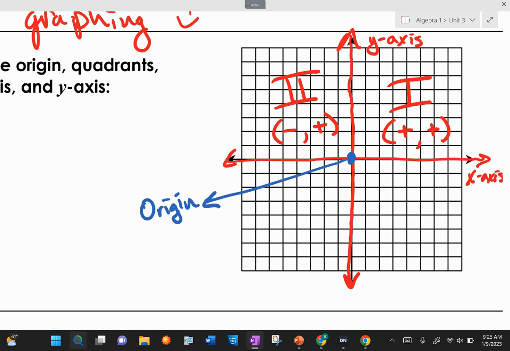We then have quadrant 3, which will be what? Negative, negative. Then we'll have quadrant 4, which will be a positive, negative. Do we remember this? Yeah. It's just an I and a V.